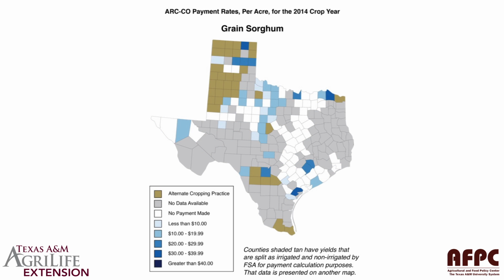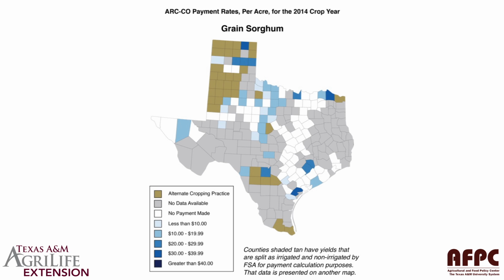For grain sorghum, again, those tan counties are counties where they are split, irrigated and non-irrigated counties. So don't pay any attention to them on this graph. Those particular counties you're going to read off a different graph.